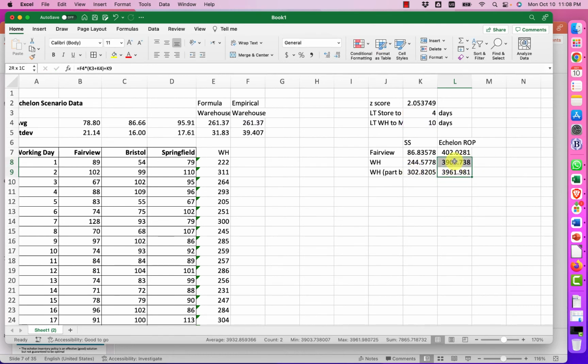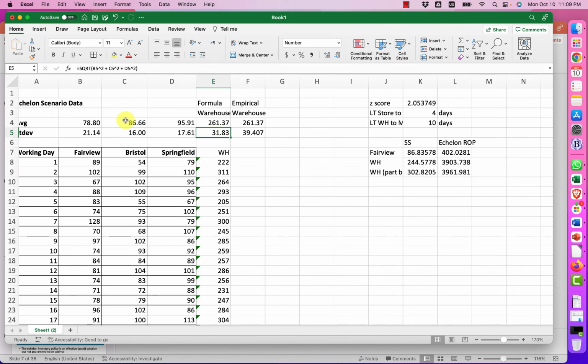And we see that the reorder point is also a little bit higher because of this increase in the safety stock. Why did the safety stock go up? Because the standard deviation is higher when you compute the total column for the warehouse than it was when you just use that formula. And why is it higher? Because the demand in the three regions is not independent.